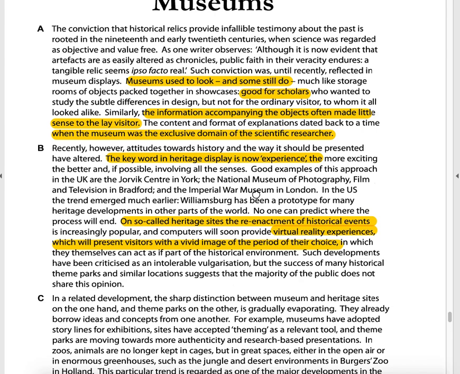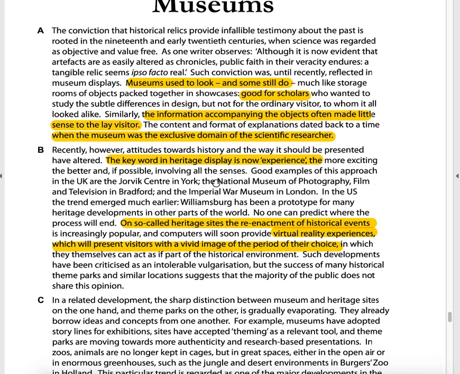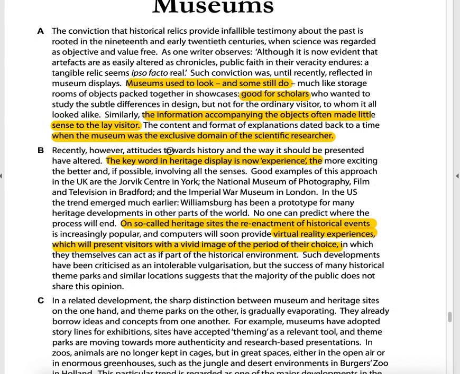That one is a little bit, just looking at it here, let me see a little more. So it says attitudes towards history and the way it should be presented have altered.